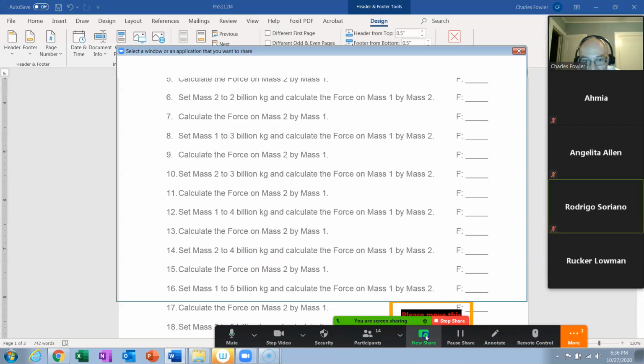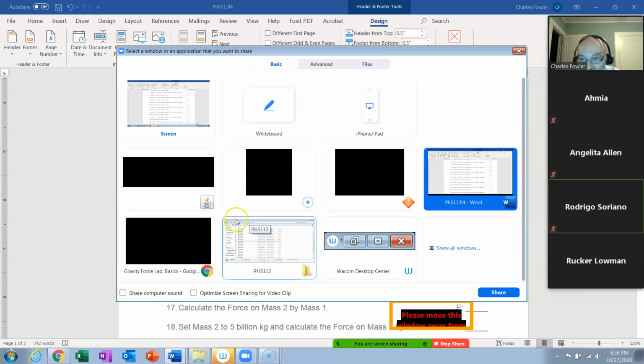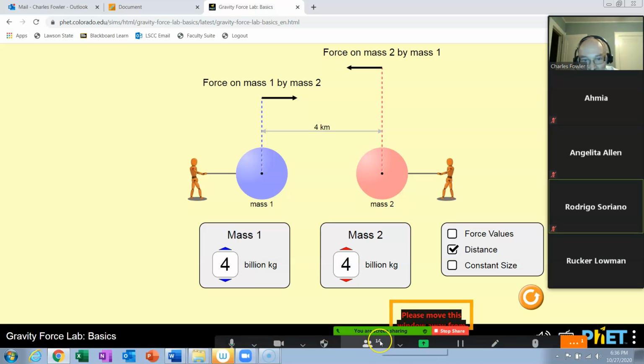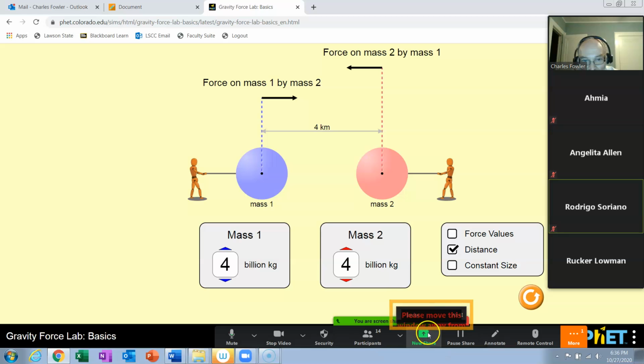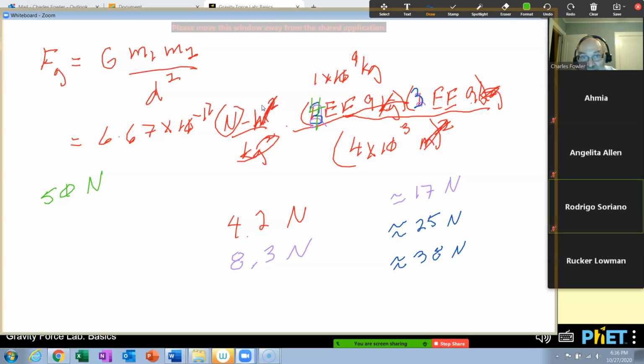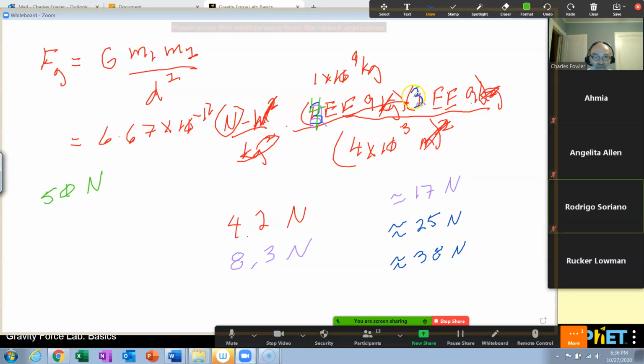So let's go back to the Gravity Force Lab basics and bump this up to 4 billion kilograms. Okay. So that's going to take us back to the whiteboard. And we will set the second mass to 4 billion.